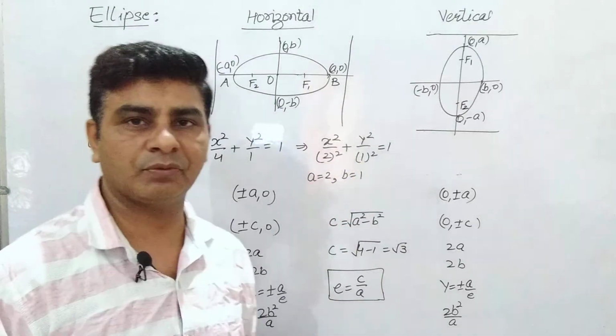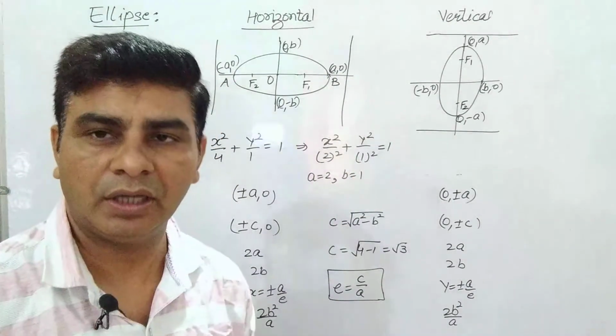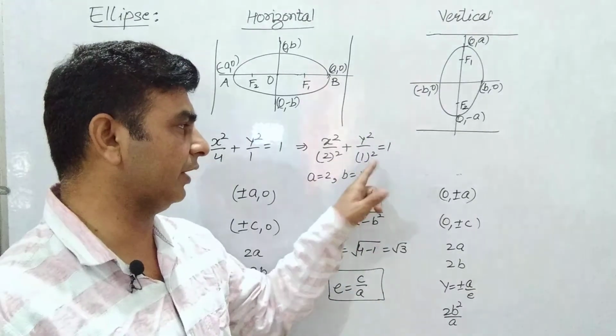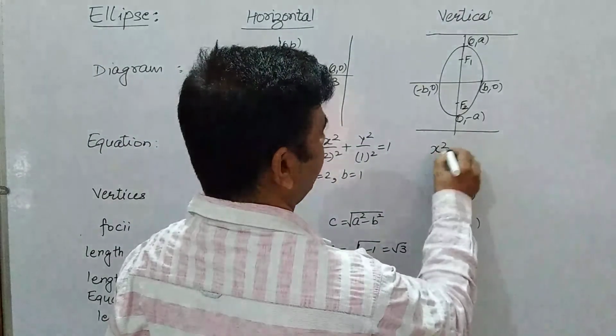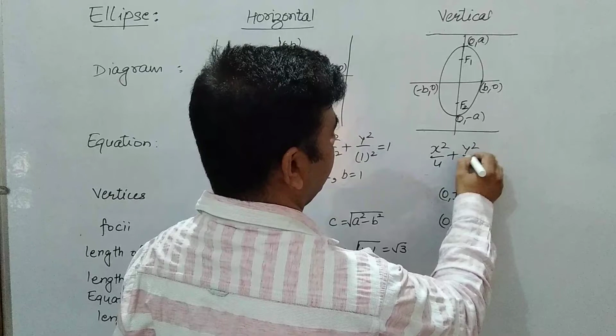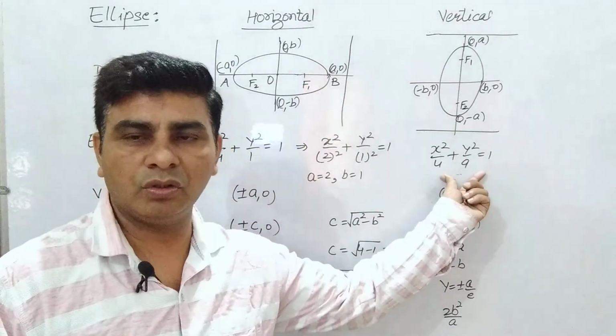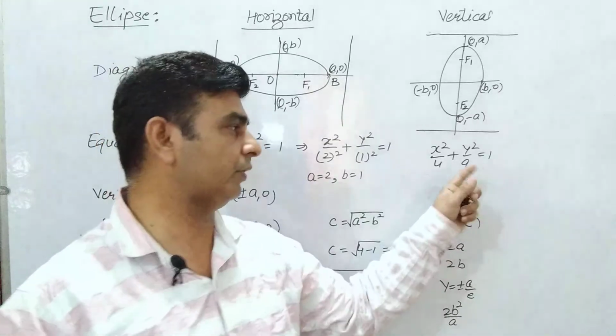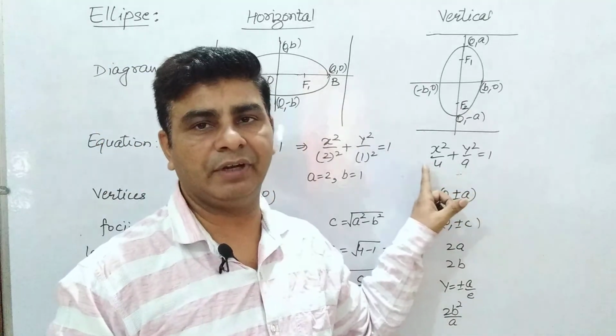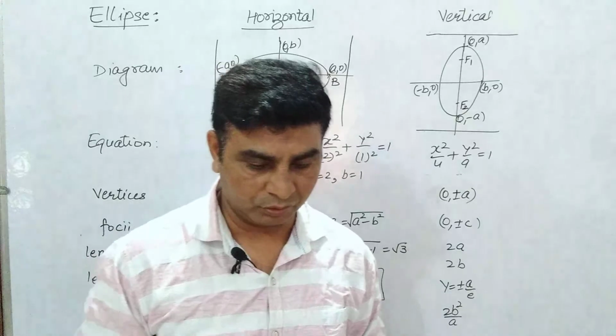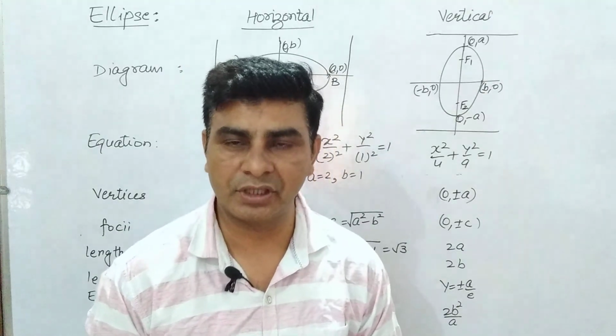So this ellipse will surely be along your x axis. If y has the bigger value under it, like x square by 4 plus y square by 9 is equal to 1, then this ellipse will surely be along the y axis. This is your vertical ellipse in which the value of a will be 3 and value of b will be 2. So this was all about the basic concept of the ellipse.